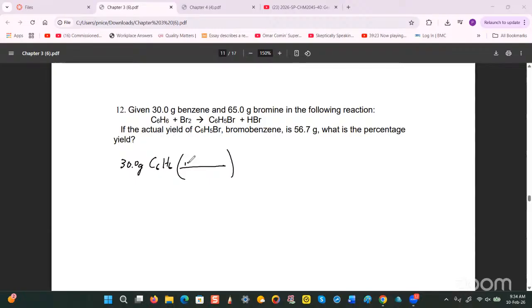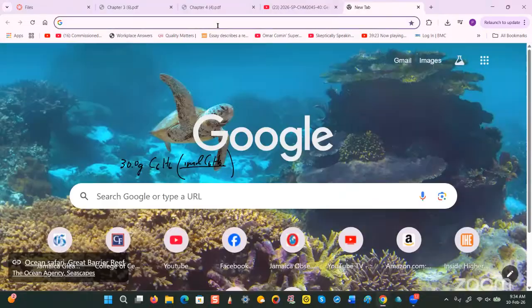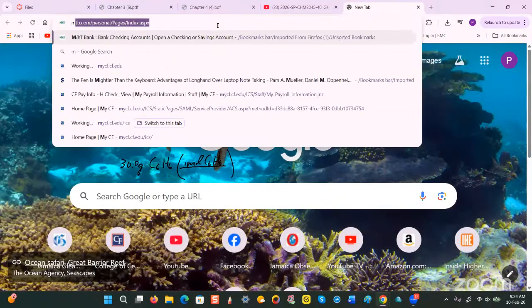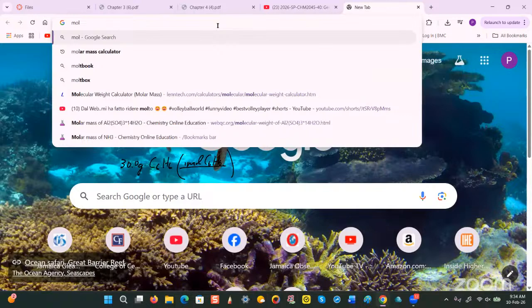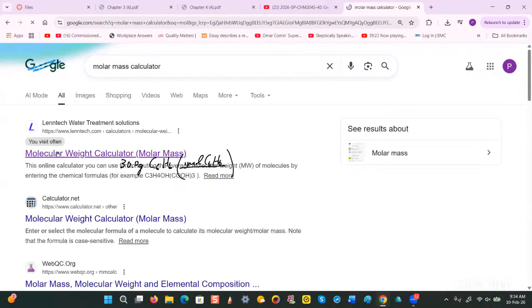So 1 mole of C6H6, and down here I'll put the molar mass. So again, being the lazy person I am, I'm going to go to my molar mass calculator to calculate the molar mass of benzene.